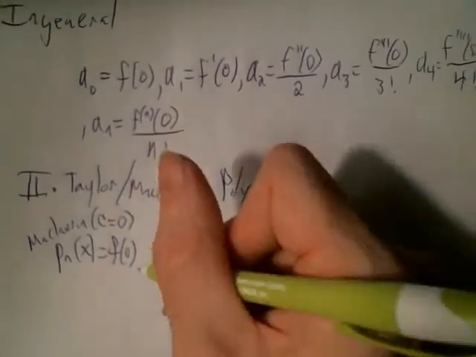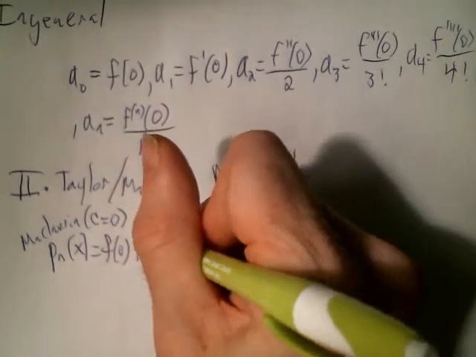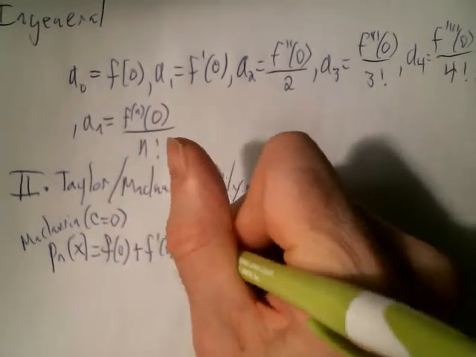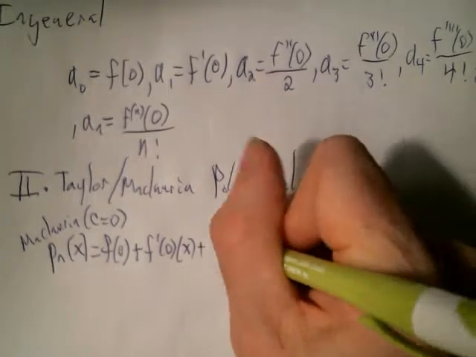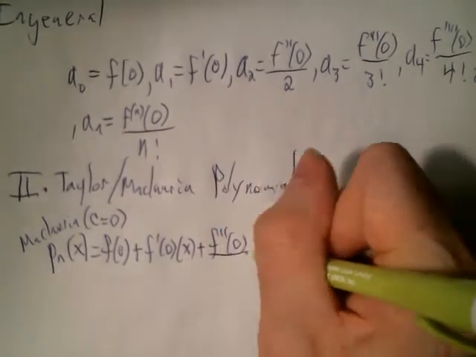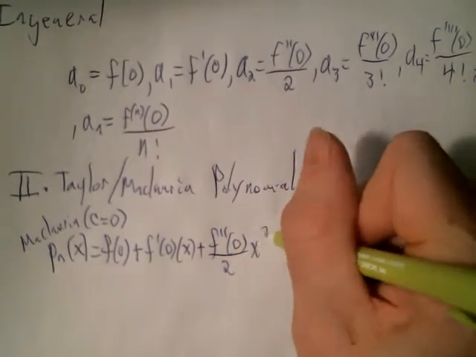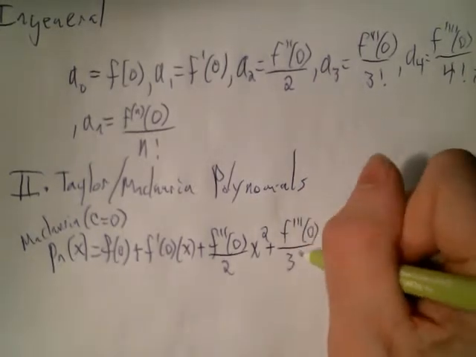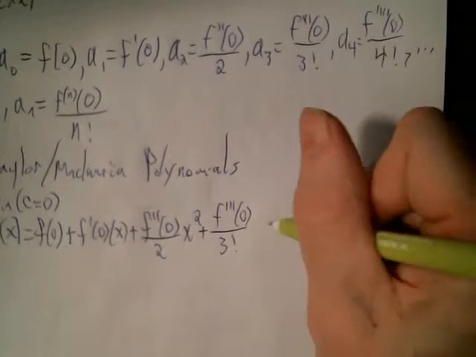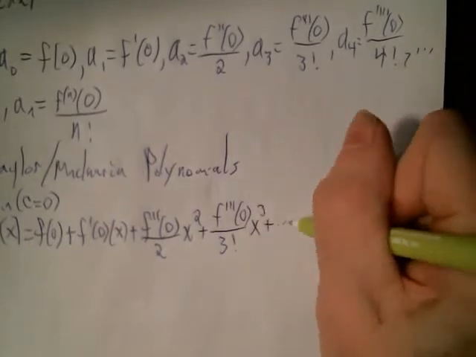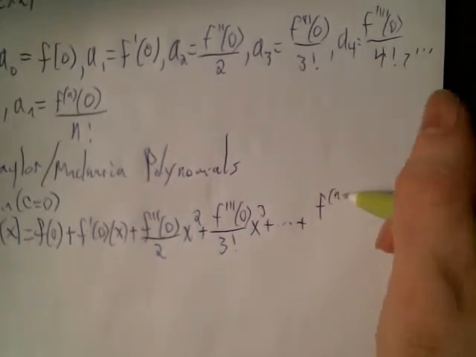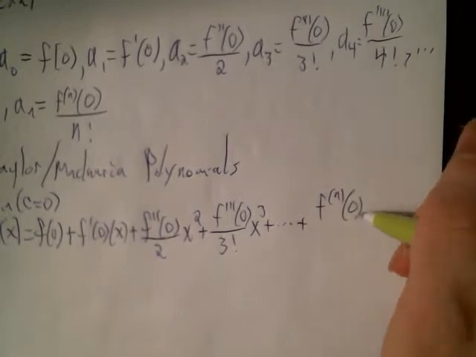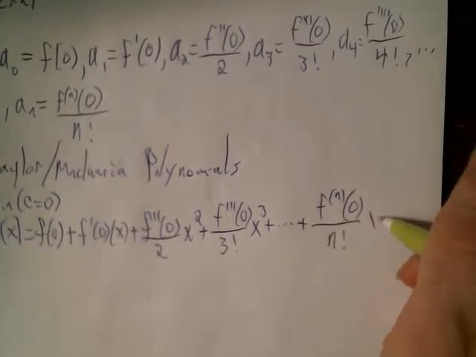So we'll have f of 0 plus f prime of 0 times x plus f double prime of 0 all over 2 times x squared plus f triple prime of 0 all over 3 factorial times x cubed, plus and so on, plus the nth derivative of f evaluated at 0 all over n factorial times x to the n.